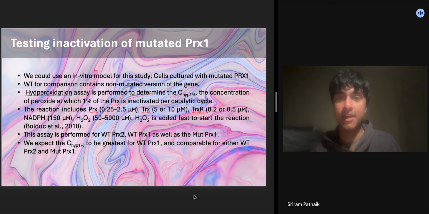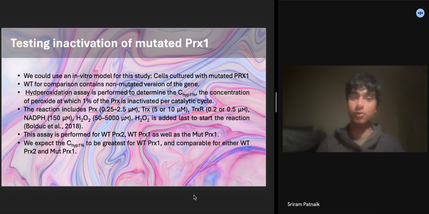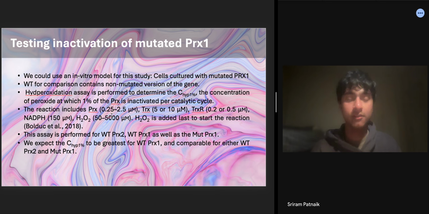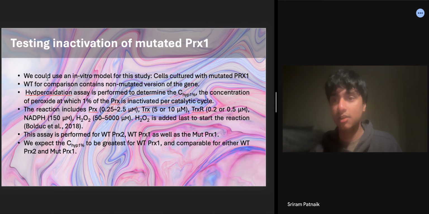How do we test the inactivation of this mutated PRX1? Because that's our main goal, right? We want to see if our mutations were able to sensitize PRX1 to the peroxides. We could use an in vitro model for this study. So cells could be cultured with the mutated PRX1 and wild type cells for comparison, which would include the non-mutated version of the gene.